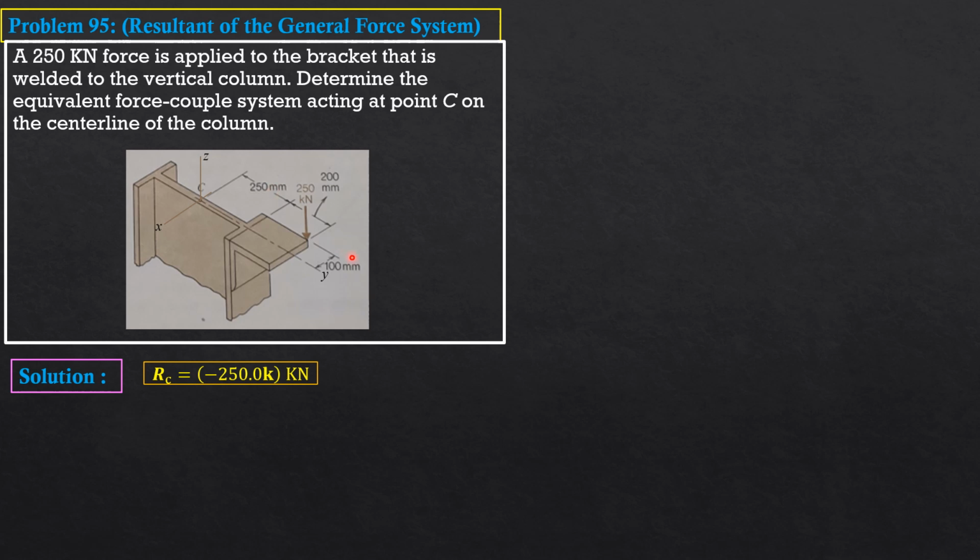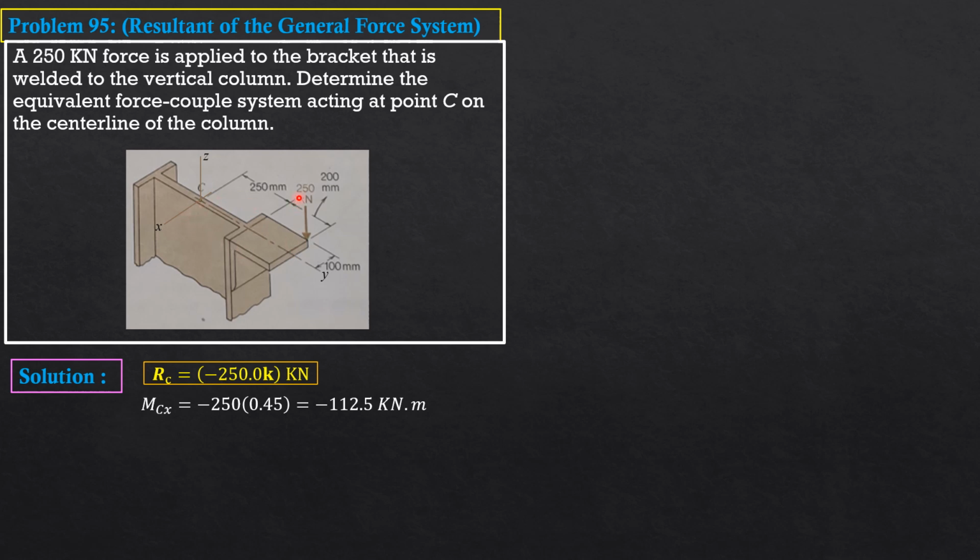So MCX is negative 250 times 0.45, which is negative 112.5 kilonewton meter. MCY, this is the positive sense if you apply the right-hand thumb rule, or if you position yourself on the y-axis looking at the X-Z plane, it is counterclockwise.